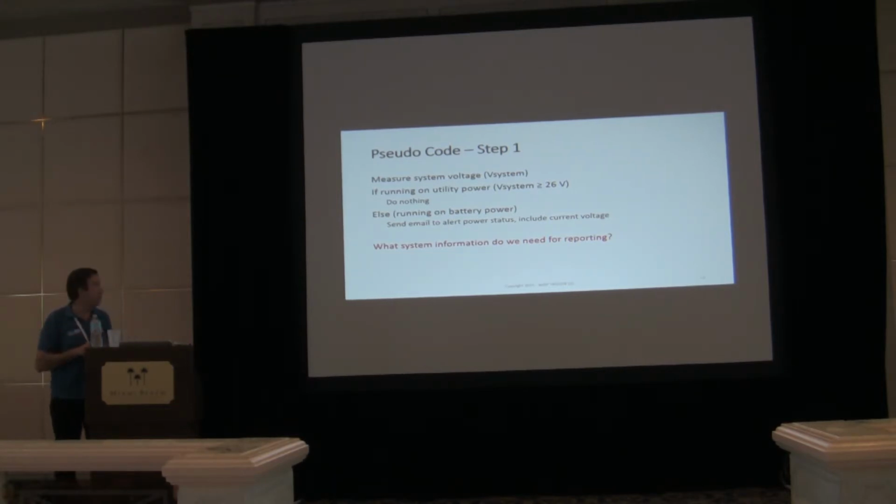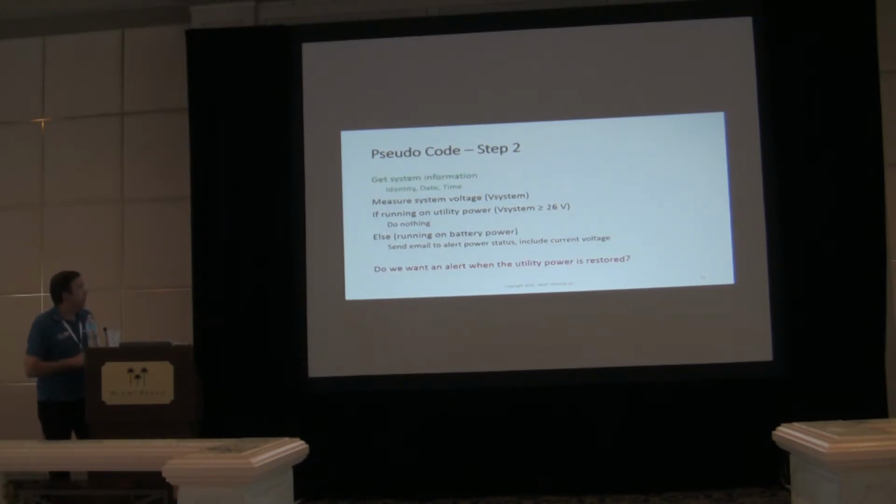That's what you want to do. So now we want to send that report back. What information do we need to add for the reporting? The green line is what we add. Let's get the system information: the identity of the router, so we know which site it is, and the date and the time, because we really want to know what time this happened.